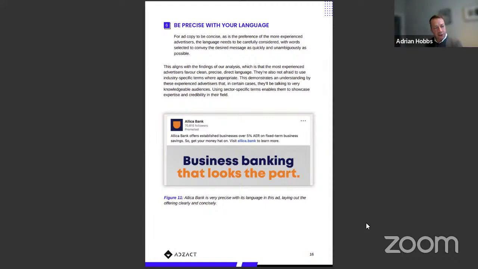And so it was clear that the more experienced advertisers, as we talked about at the beginning, had concise wording, so that they were using fewer characters than less experienced advertisers, but also the language was clean, easily understood.